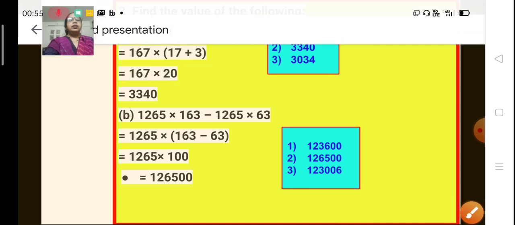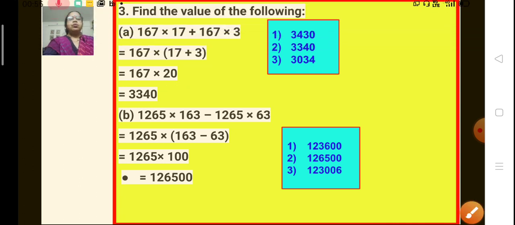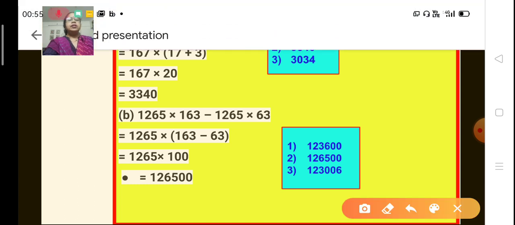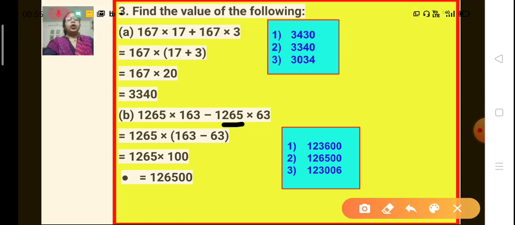The next one, you can see the question, 1265 multiplied by 163 minus 1265 multiplied by 63. So here also 1265 is common on both sides of the subtraction sign, the minus sign.